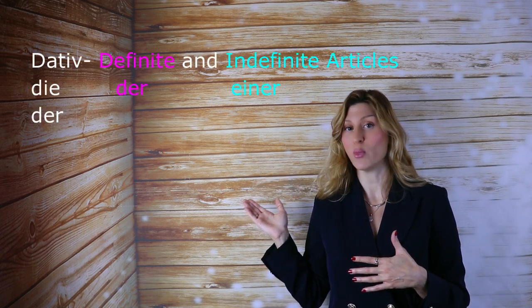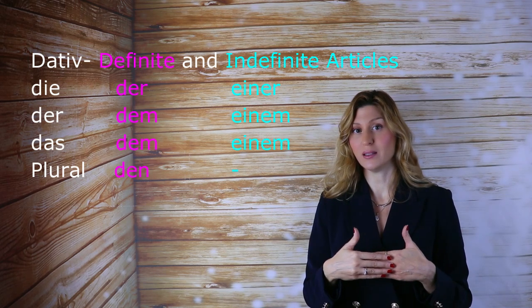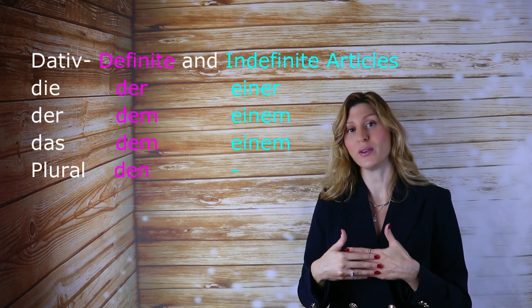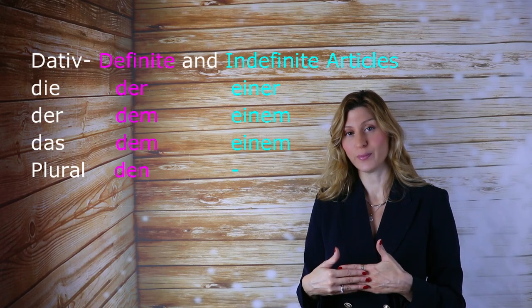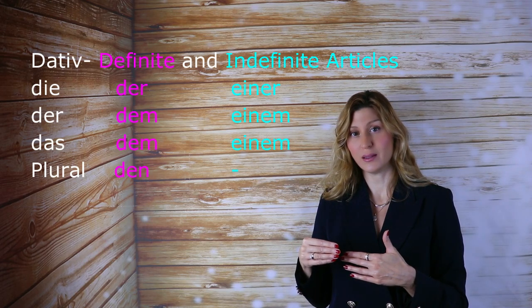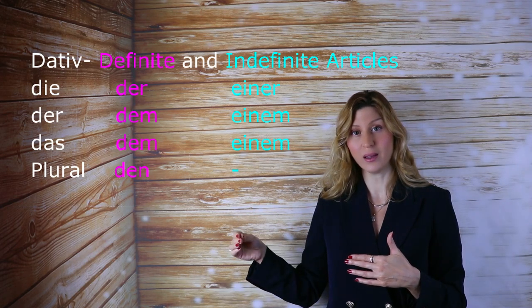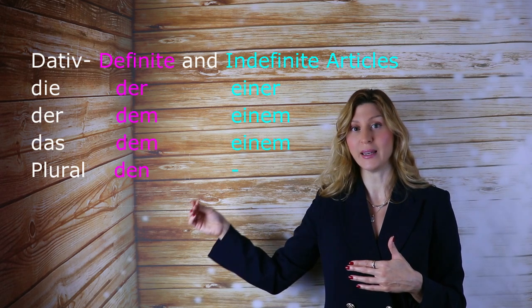And before we move on, I would like to take a look at this table, and I will give you a moment. This is the definite and indefinite articles in dativ. So if we have die, it is der in dativ, definite, and indefinite einer.